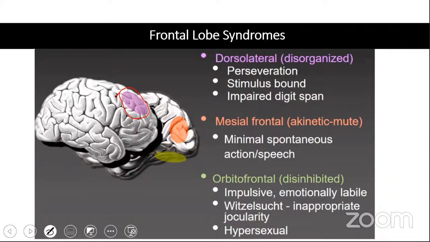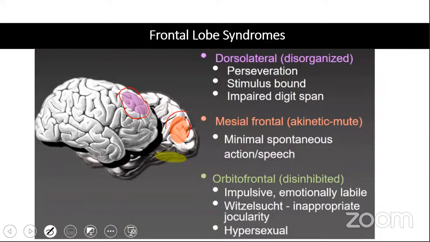The other, the mesial frontal region, that is the medial side of the brain, if it is affected, what happens here? This is the place that governs an individual's normal activity and how active he is, how forceful his actions are, and how actively he is functioning motor-wise, speech-wise, intelligence-wise.